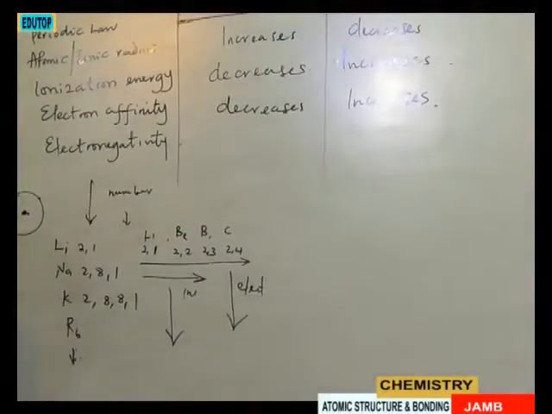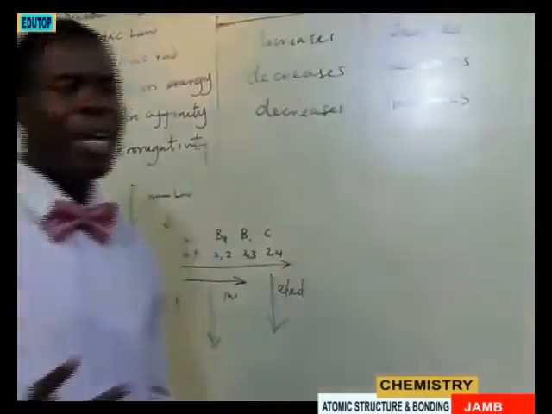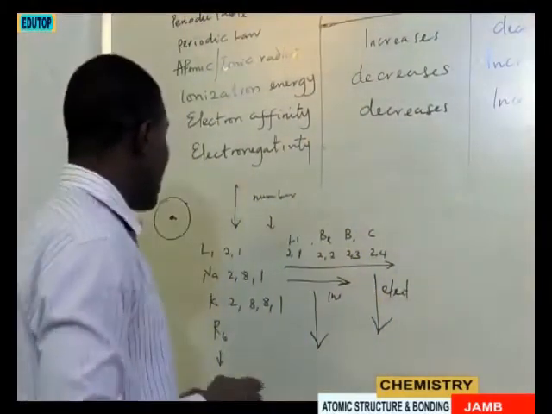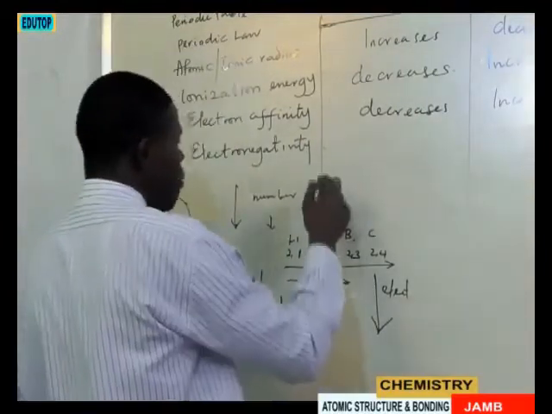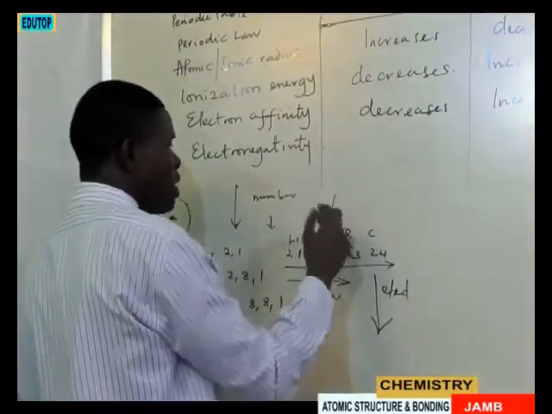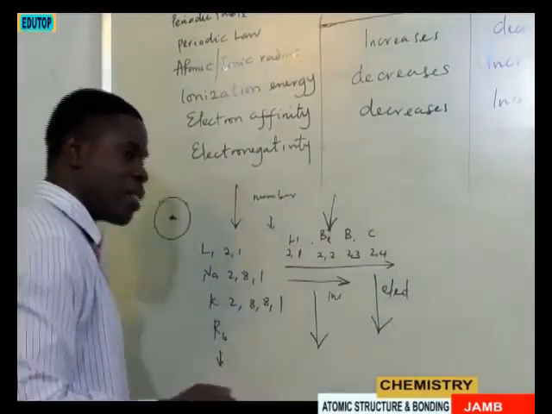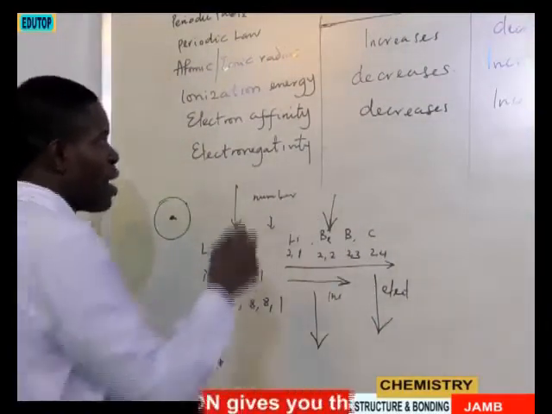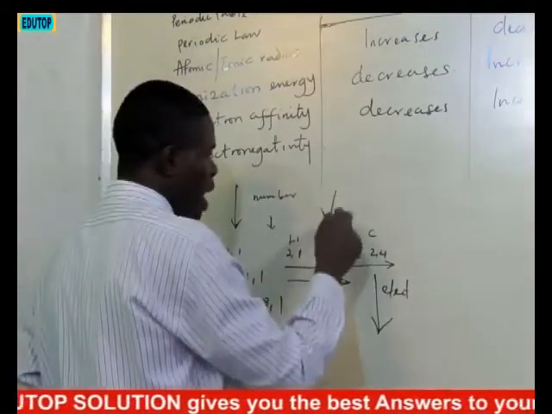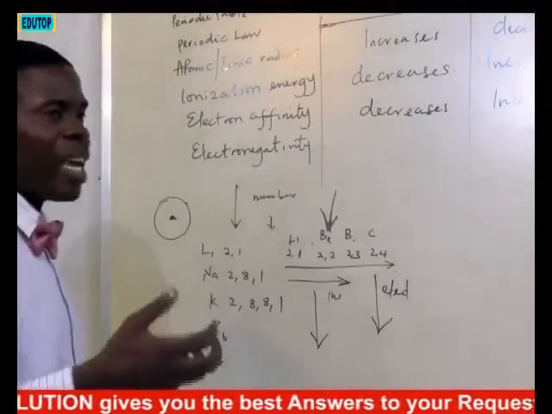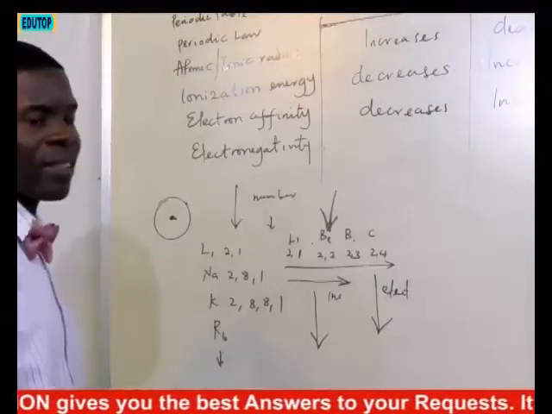Then electronegativity. Electronegativity is the ability of an element to attract electron to itself. So as you are moving down the group, electronegativity decreases. Electropositivity increases, so the tendency to gain electron is less.